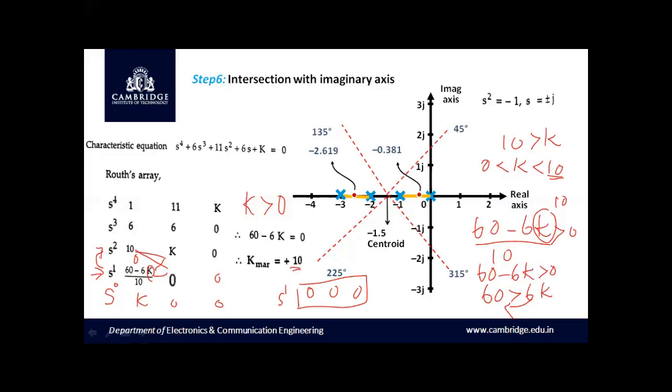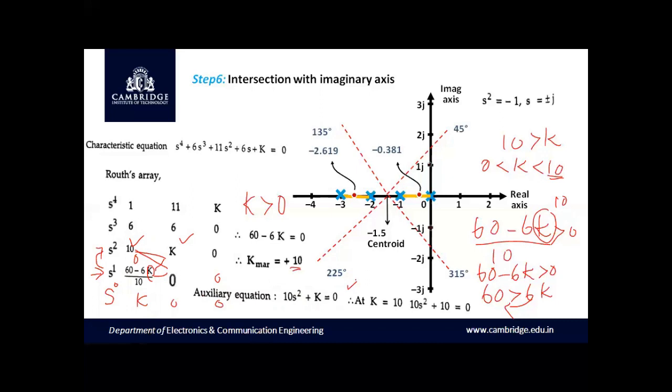If there are roots present on the imaginary axis, it means that the system is going to become marginally stable. Let me write the auxiliary polynomial as 10s square plus k equal to 0. Let us substitute for k as 10. That is the point at which the system will be marginally stable.